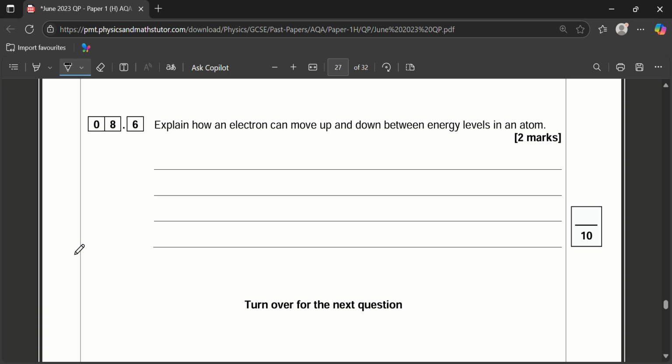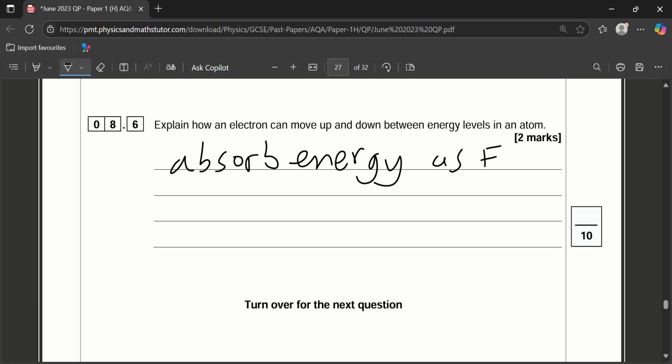Explain how an electron can move up and down between energy levels in an atom. So this is talking about the excitation and de-excitation of electrons. Electrons are excited when they absorb energy in the form of EM radiation.